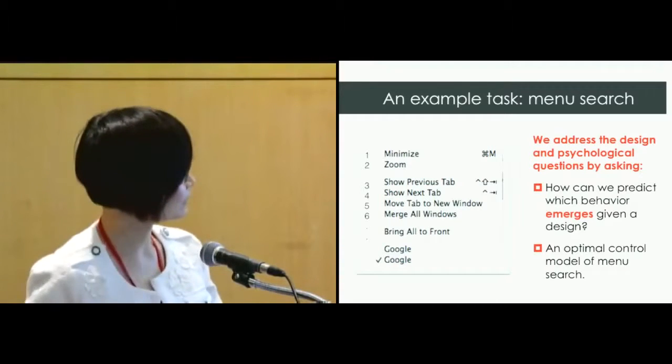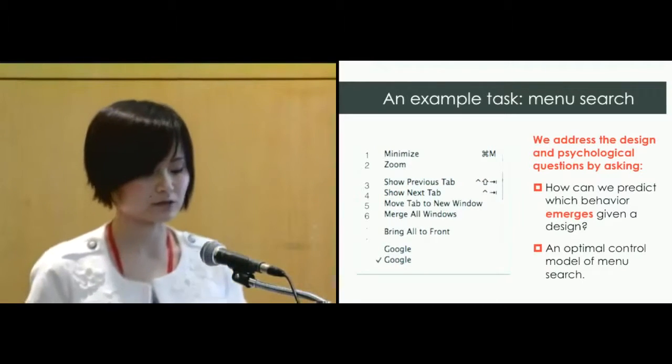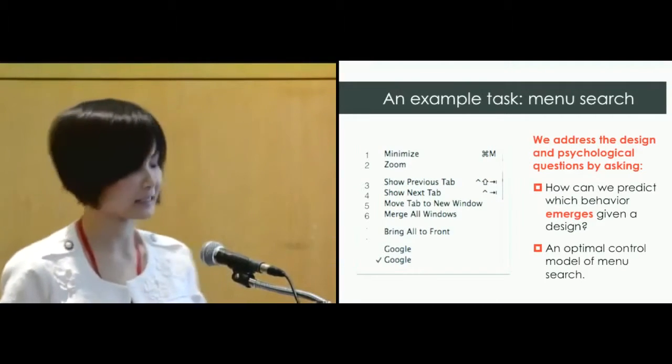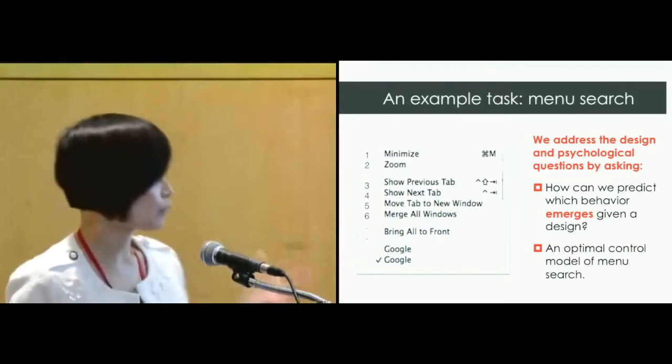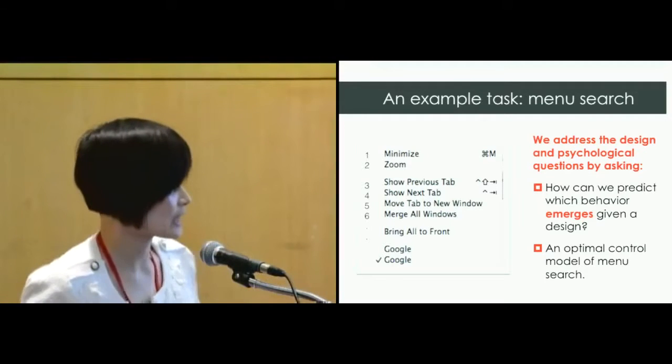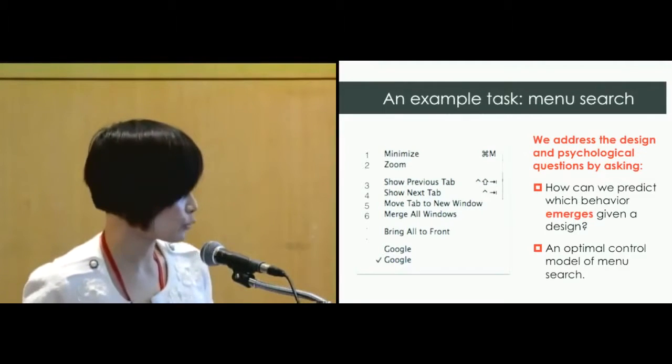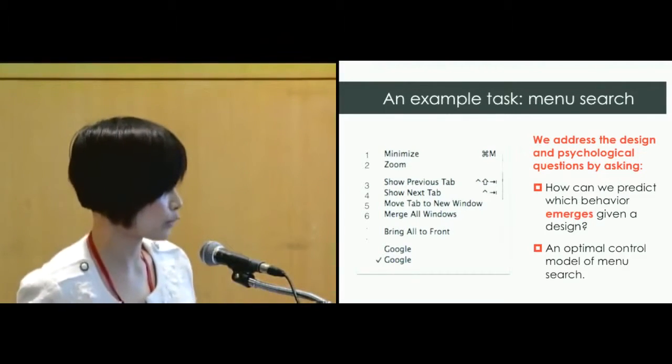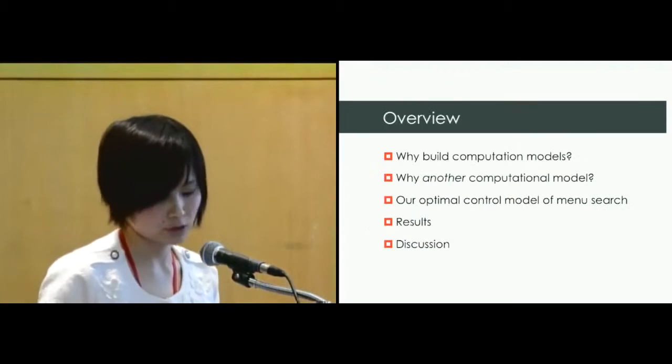In this work, we addressed both of their questions by asking how can we predict which behavior emerges given a design? To answer this question, we built an optimal control model of menu search.